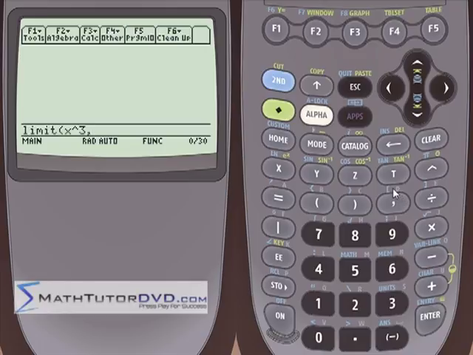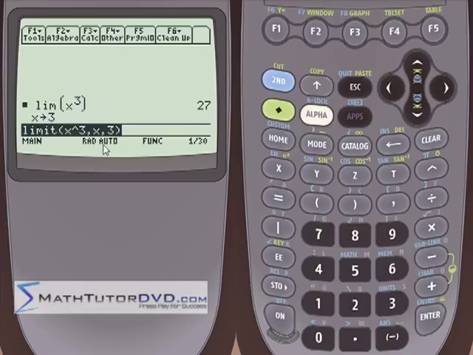So let's go x goes to the number 3. The way you would write this on paper is limit x cubed, and then underneath the limit you would say x with an arrow goes to 3. In this case there's nothing special about this function, so you're getting exactly the same thing. It's just basically plugging in the number 3 here. 3 cubed is 27, so the answer that the calculator gets is 27.